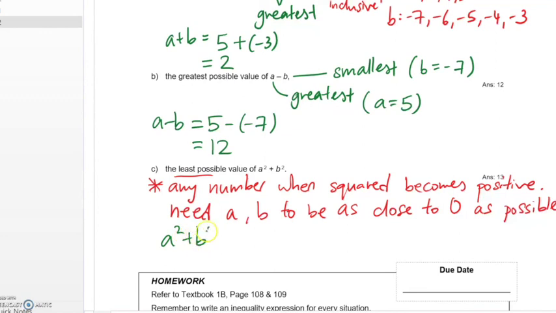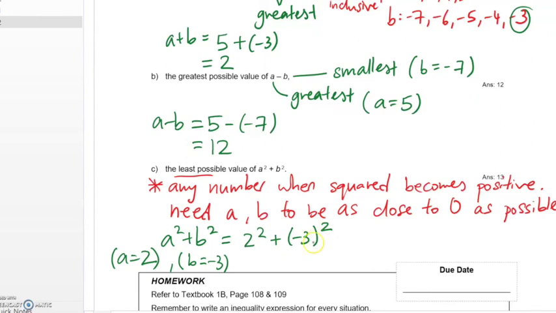So here in this case, A square plus B square is going to be equal to, I'm going to select A equals 2, and B is going to be as close to 0, so I'm going to look at negative 3. So B is going to be negative 3. So 2 square plus, remember to put a bracket around the negative 3 and the square on the outside.